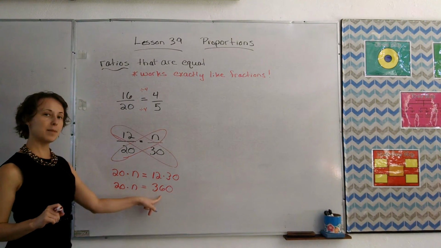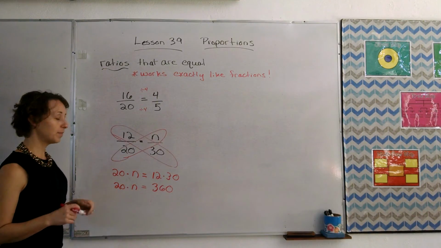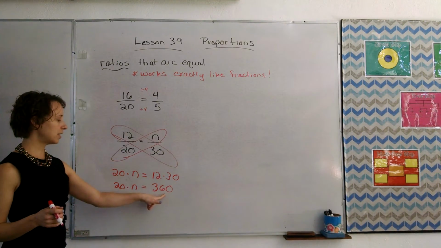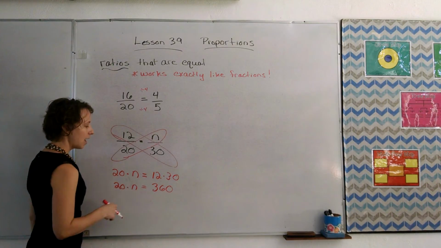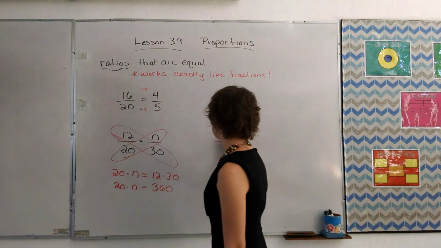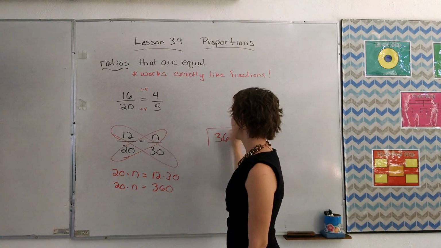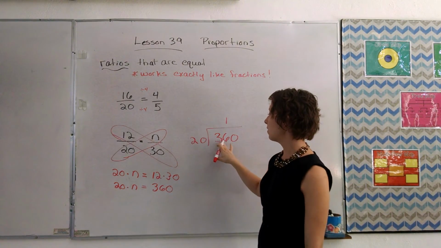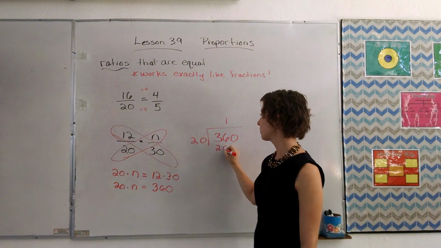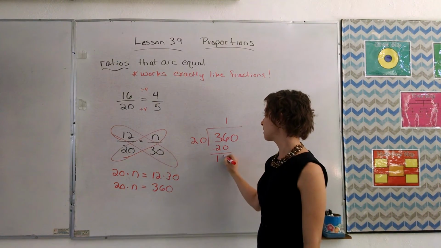20 times what makes 360? Or 360 divided by 20 would give me n. If I was to take my 360 and divide by 20, there are no 20s in 3. There's 1 in 36. Which leaves me with 16.